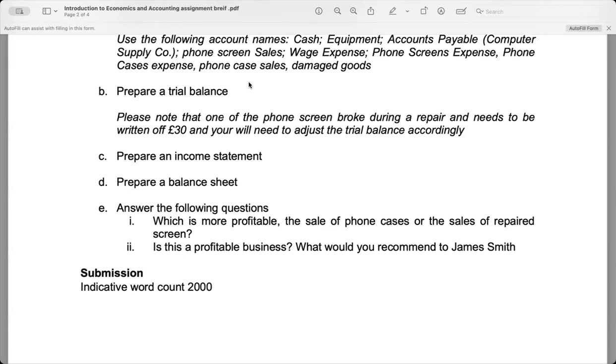This knowledge will help you apply these concepts in your upcoming assignments, demonstrating your ability to analyze financial data, interpret economic changes, and prepare accurate financial statements.